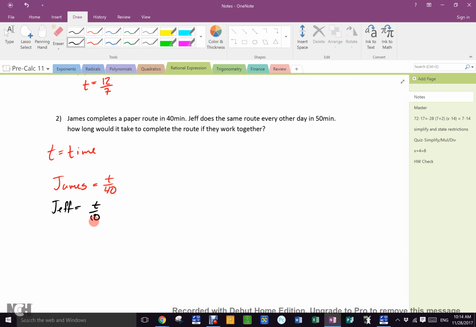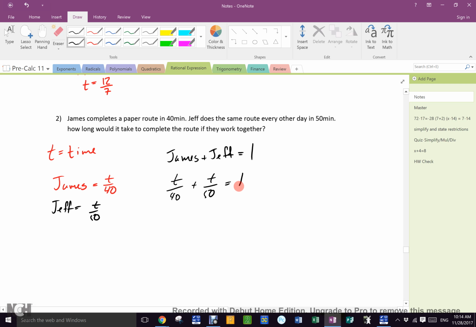Now we know that they're going to work together, yes? So in reality, it's James plus Jeff to complete how many routes? 1 paper route. So what's James's time? T over what? 40. What's Jeff's time? To complete 1 route.